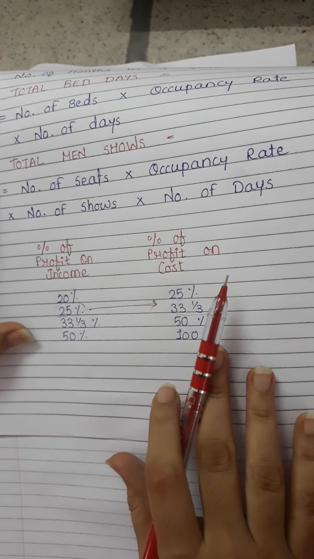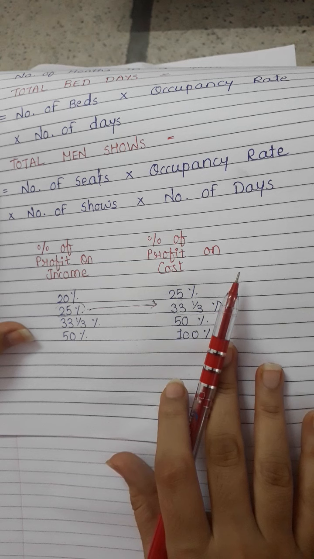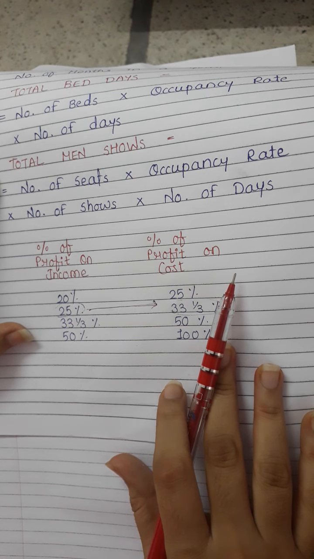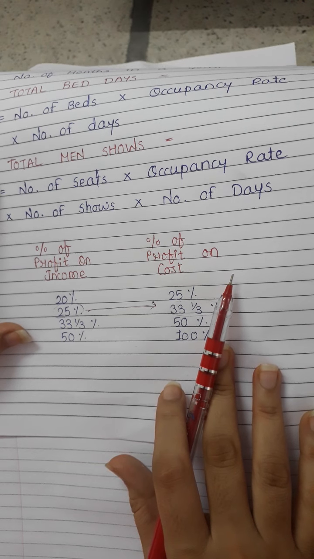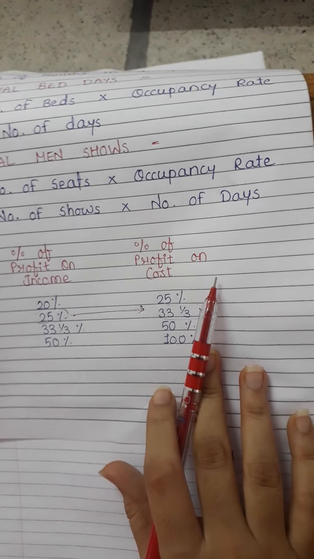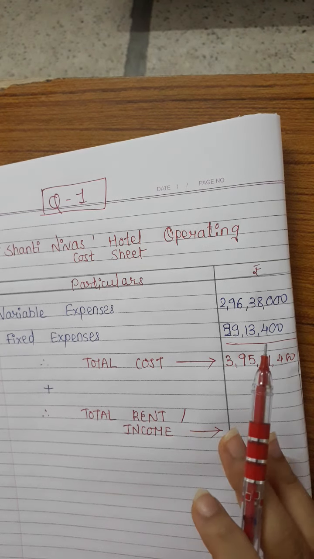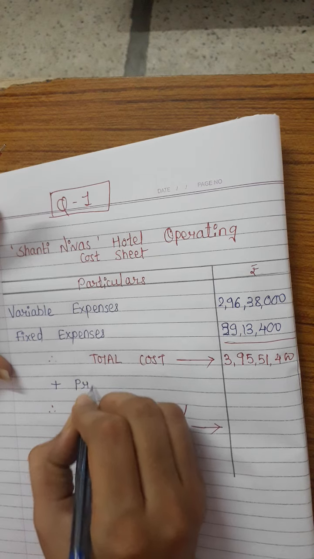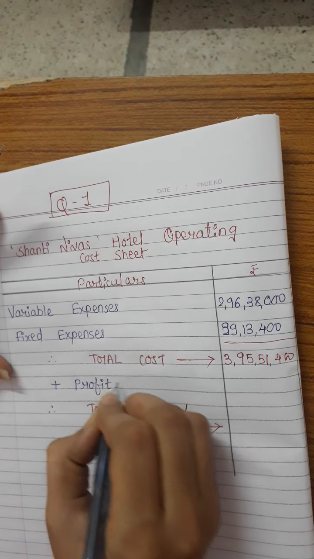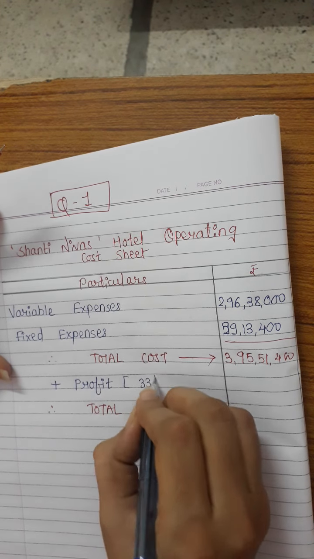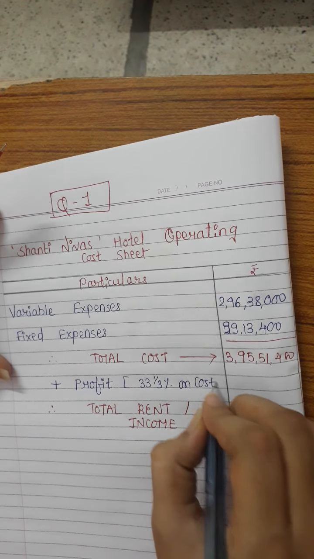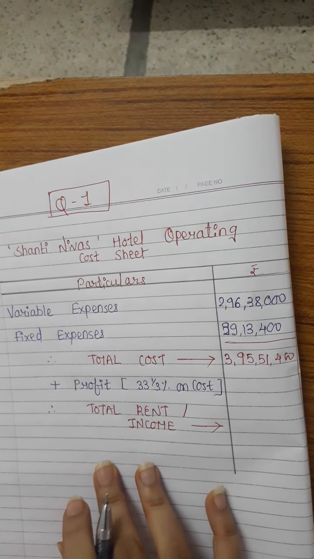If you do not remember this table, in that case you need to assume 100 and accordingly calculate the profit afterwards. So you will have to do the calculations by assuming 100. Here 25% profit on income, so 33 1/3% on cost. Now we will calculate this.